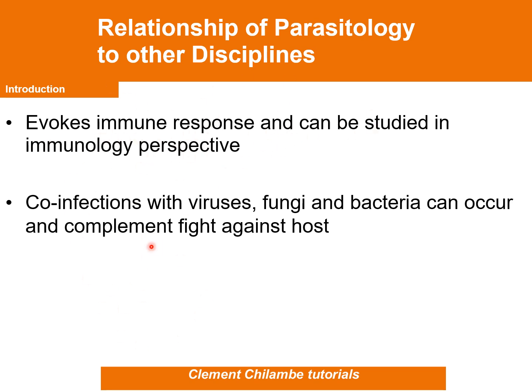And sometimes they occur in co-infections with viruses, fungi, and bacteria, and complement the fight against what? The host. So these are the relationships of parasitology to other disciplines. These parasites are very important because they can even co-infect with other pathogens such as viruses, fungi, and bacteria.